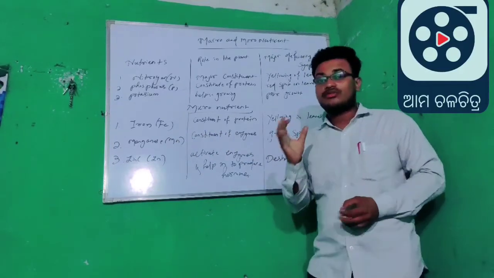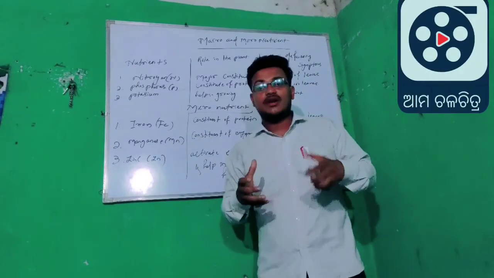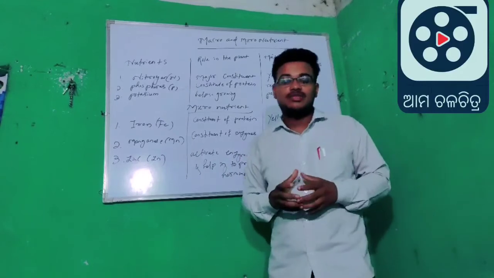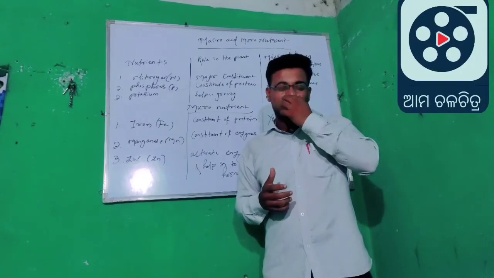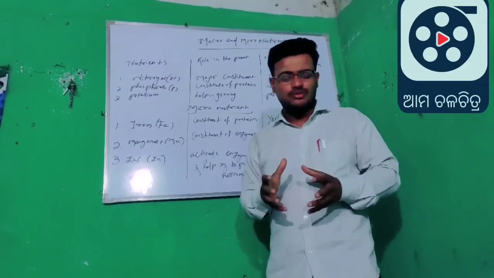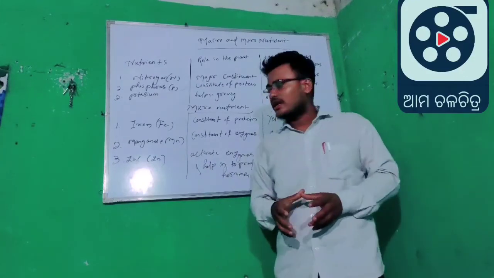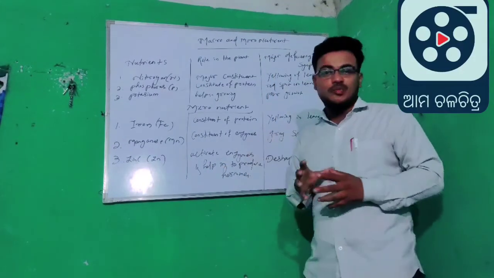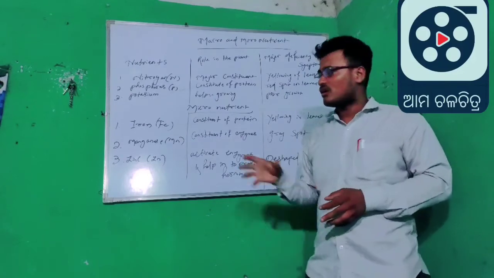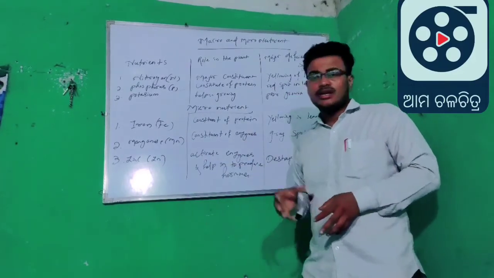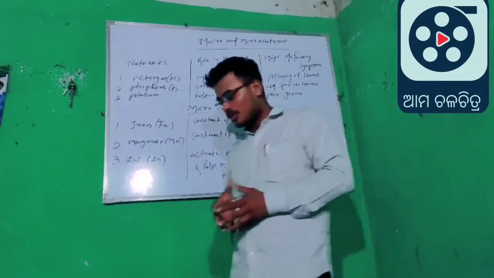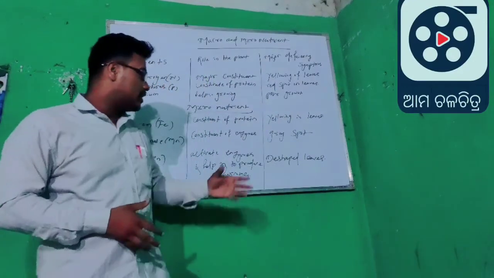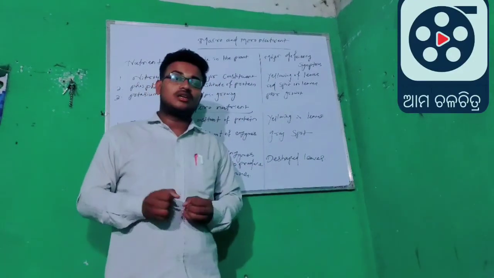Manganese is a constituent of enzymes, which act as activators and help in food digestion. Its deficiency causes gray spots on the leaves. Zinc activates enzymes and helps in production of hormones, but its deficiency causes damage on the leaves.